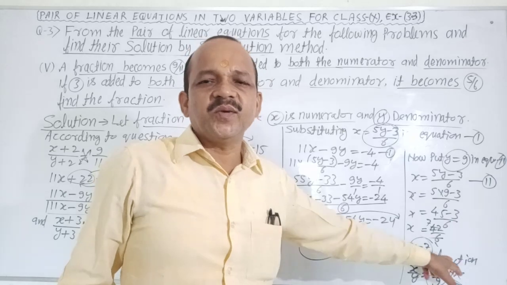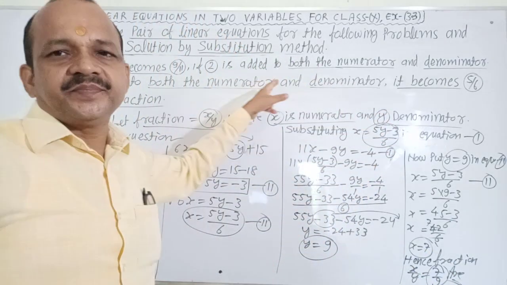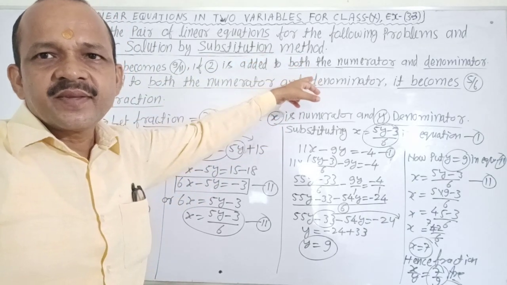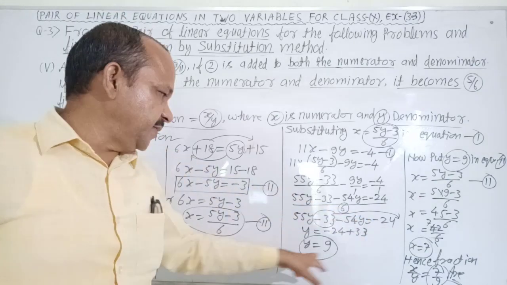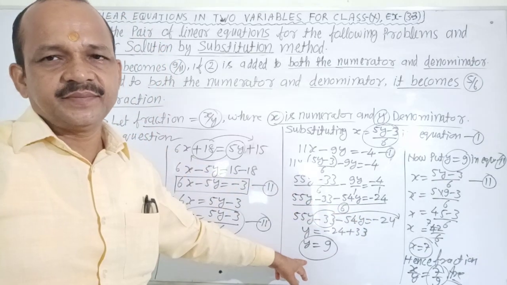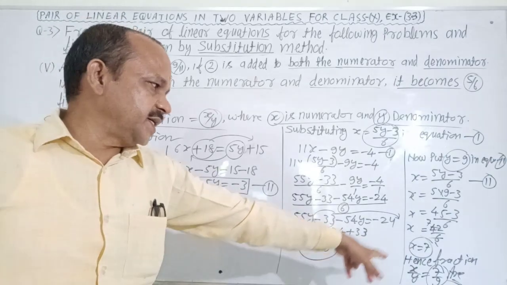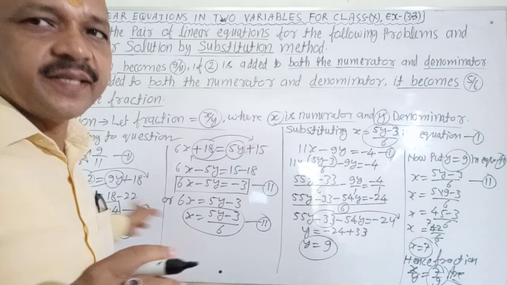You solve your question by the help of the substitution method and you find x equal to 7, y equal to 9, and the fraction becomes x by y equal to 7 by 9. Clear? It is easy.